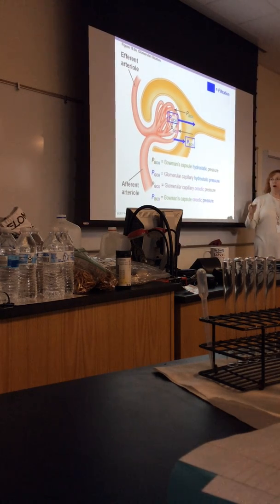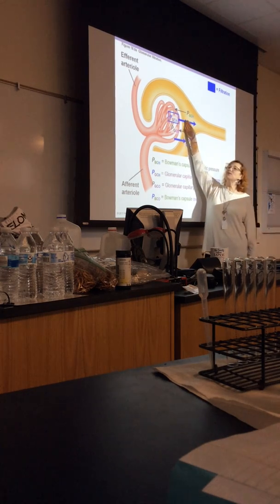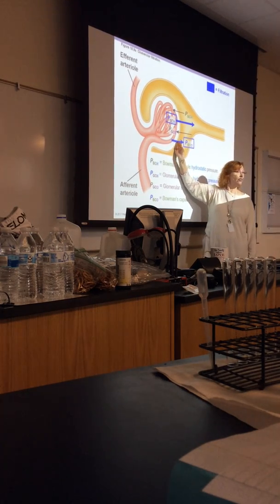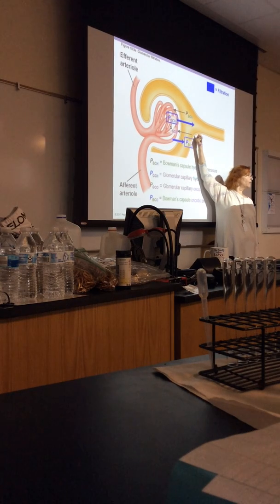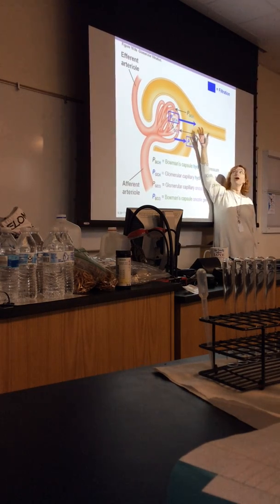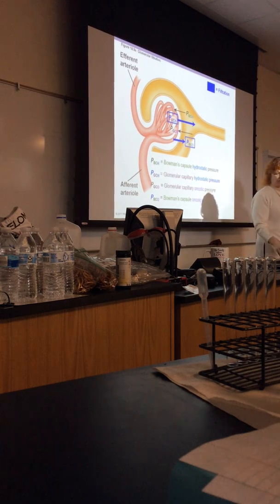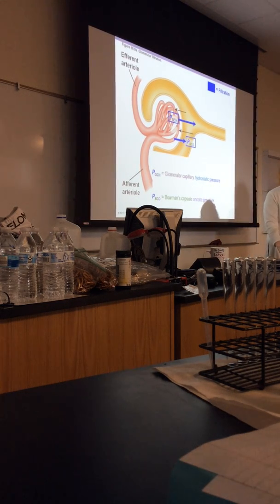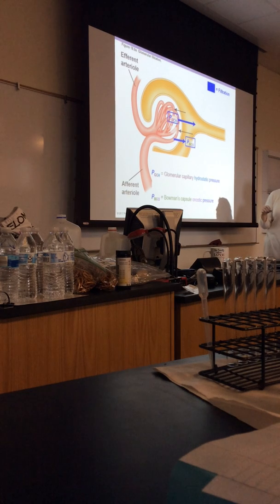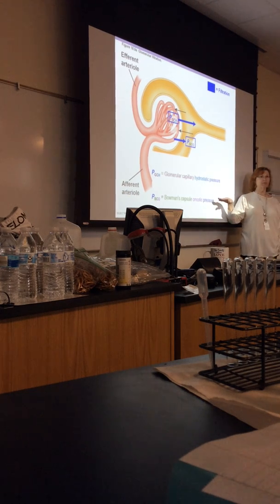Additionally, my Bowman's capsule oncotic pressure, the proteins in here pulling water this way to dilute. Those are the two processes that favor filtration. So these are the two that favor filtration.